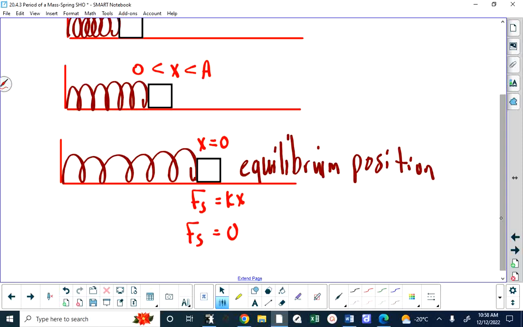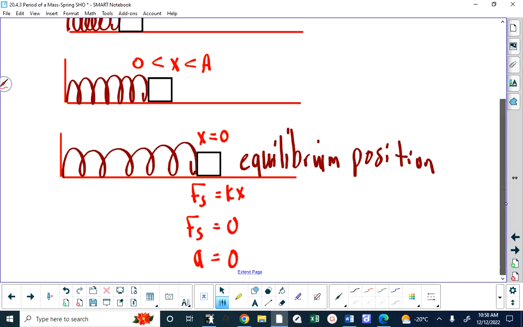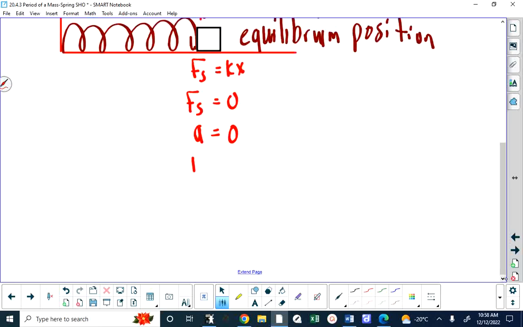It's going to be moving really fast there, but the force on it is nothing, which means that if the force is 0, the acceleration is 0. Right? But the kinetic energy there is all the energy. No potential energy at that point.